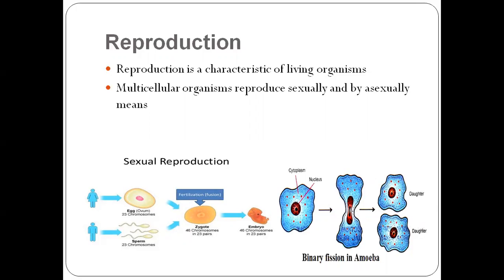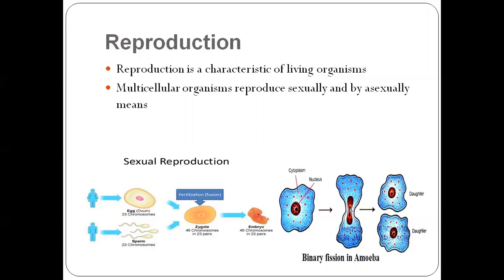Why is reproduction necessary? Reproduction is necessary for the continuity of life. Life has to move on from one generation to the next generation. For this purpose, reproduction is essential.